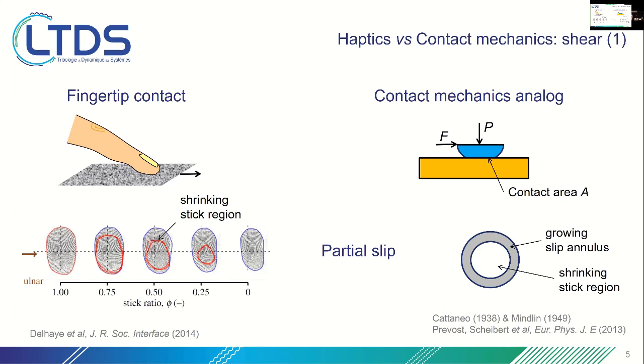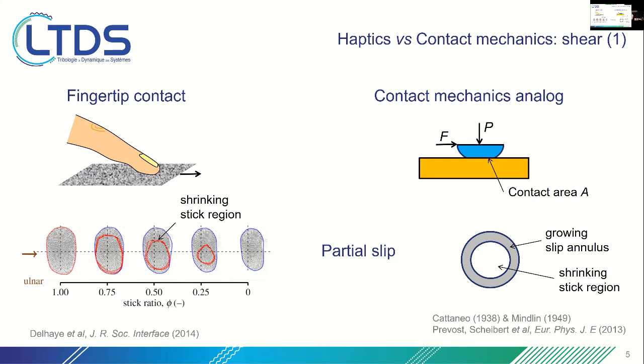Again, if you do similar things with a fingertip contact, you find an analogous transition to full slip through the coexistence of a stuck region, inside the red regions, and a growing slipping region. And again, quantitatively, you don't match Cattaneo and Mindlin because there is roughness, because there is nonlinear elasticity, etc.